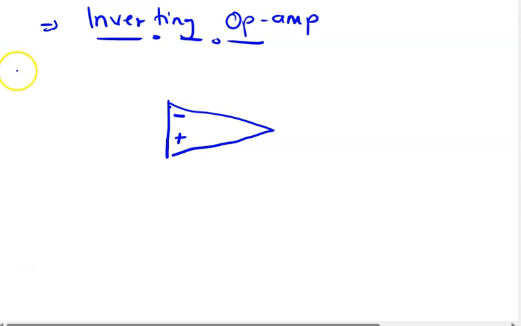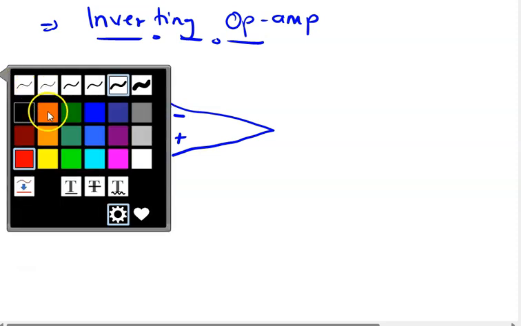Are you okay? So at this point, you see the voltage V in is located at the inverting side, that's the negative side, and the positive is connected to ground. So that makes the unique difference between the inverting and non-inverting. So we have a virtual ground here.